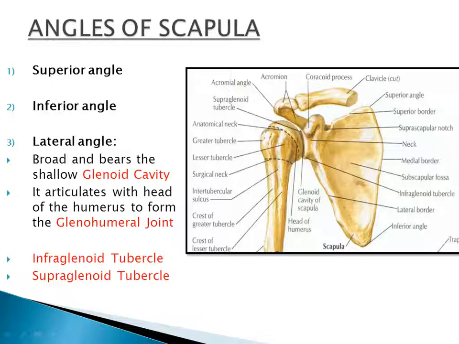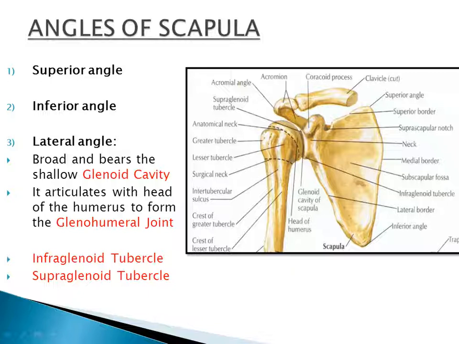The inferior angle is positioned inferiorly in the human body. The lateral angle faces laterally and it is broad. It bears a shallow cavity which is called as glenoid cavity of the scapula.